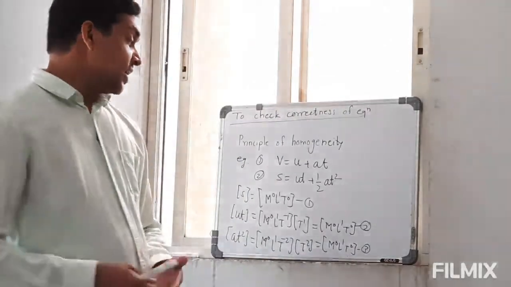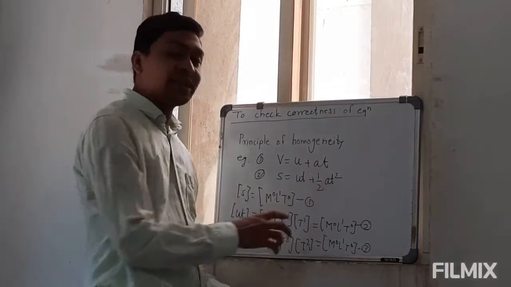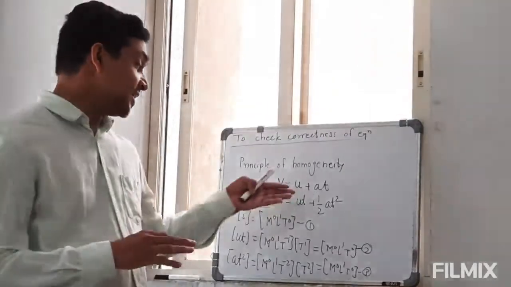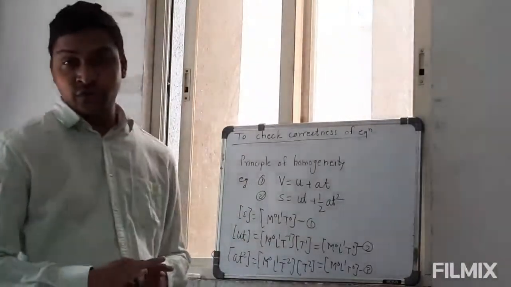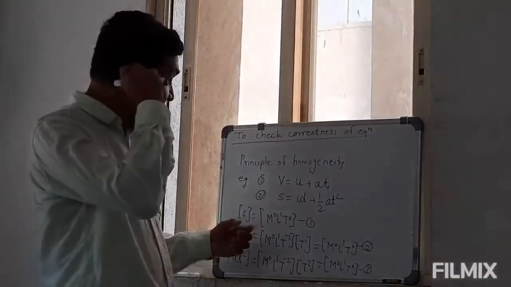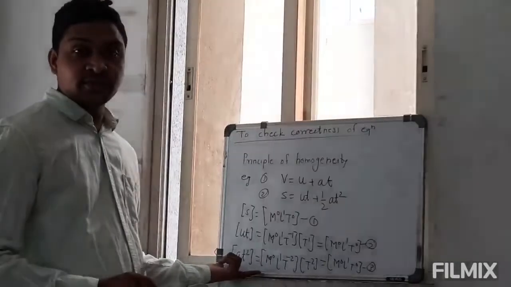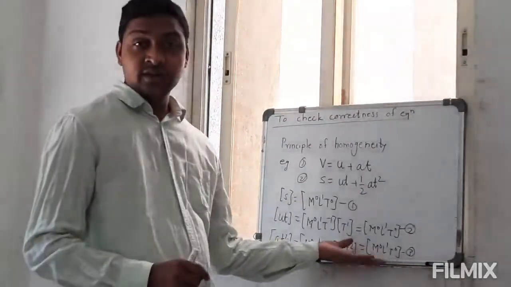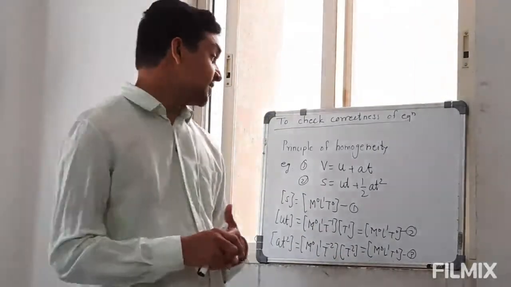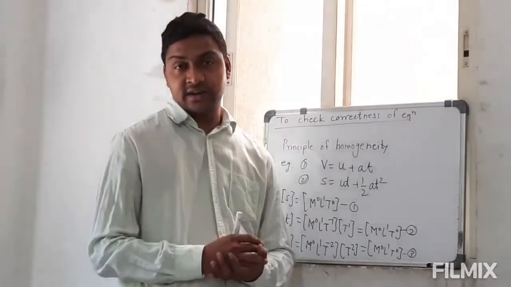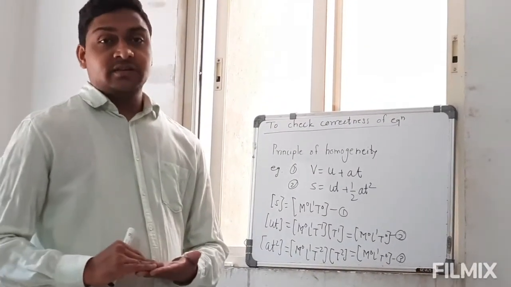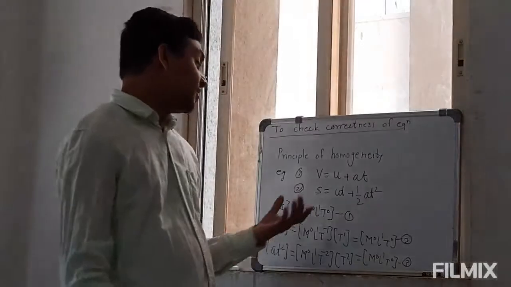Now, if I replace this half with any other number, say in place of 1 by 2 I wrote just 4 over there, we still get a dimensionally correct equation, because the dimensions for S, UT and AT square will remain the same. So this is the limitation of dimensional analysis. A dimensionally correct equation need not be correct physically.